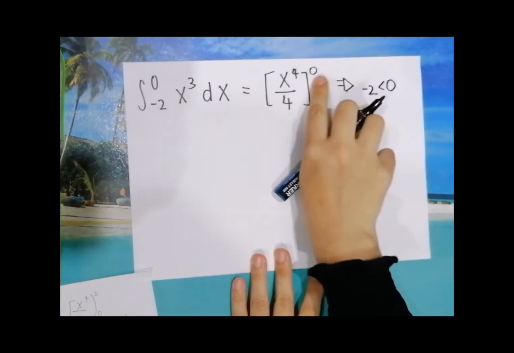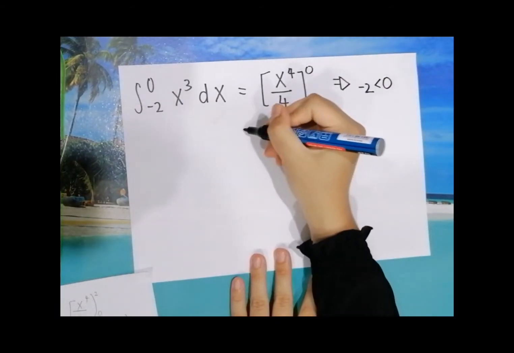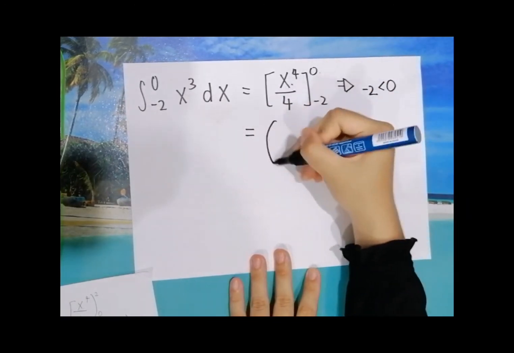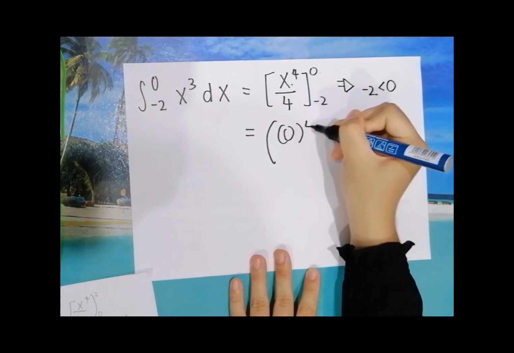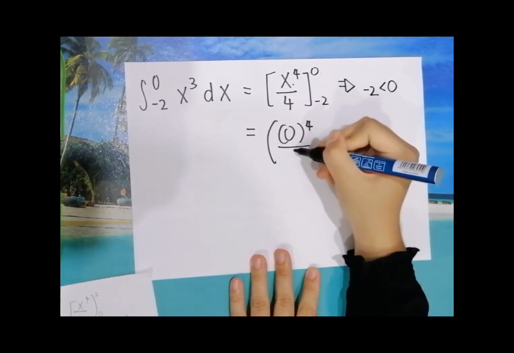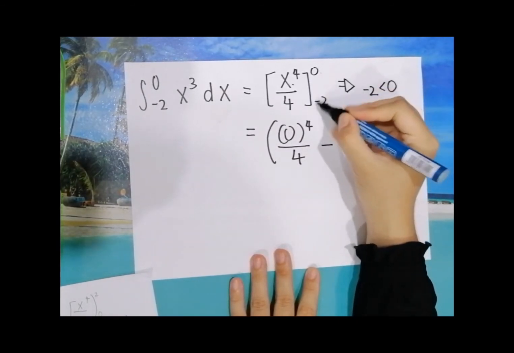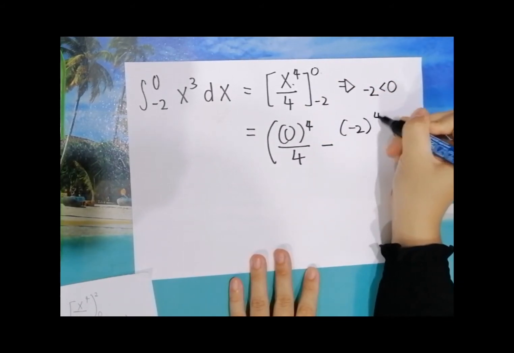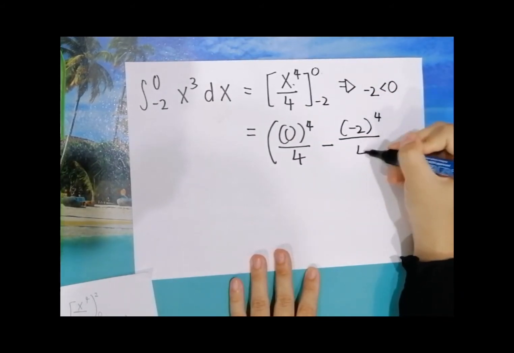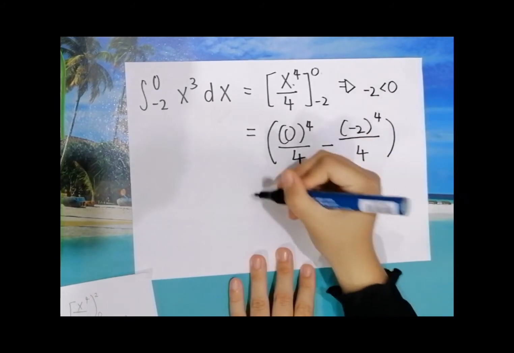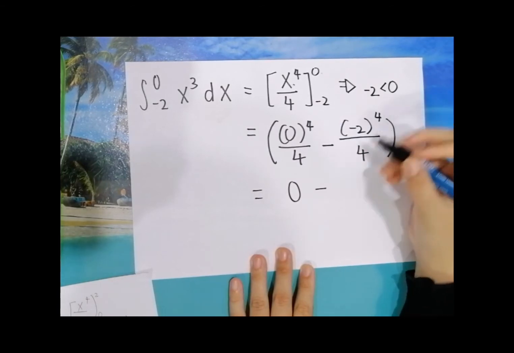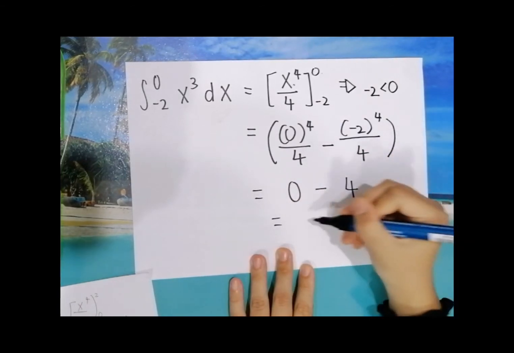That's why we put 0 up and -2 down. And then put 0 into x, which is 0 to the power of 4 over 4, minus, put -2 into x, which is -2 to the power of 4 divided by 4. So this one simplifies to 0, and then minus, we get 4, and then the answer is -4.